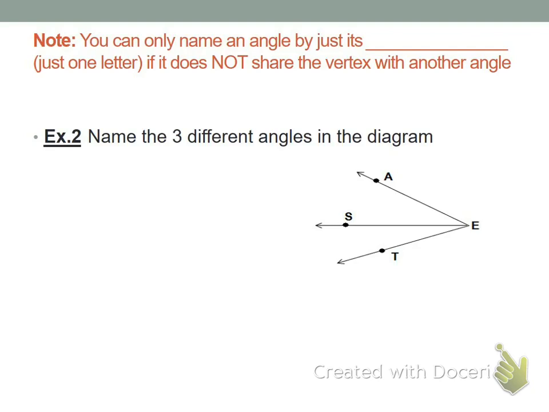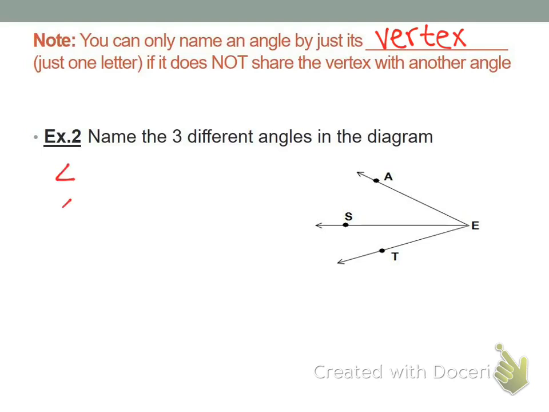You can only name an angle by just its vertex, or just one letter, if it does not share the vertex with another angle. So for example, on example 2, at no point could you tell me that you're talking about angle E. That would not make sense for this diagram because there are too many angles that occur at E. I won't know which one you're talking about. So example 2 asks us to name 3 different angles.